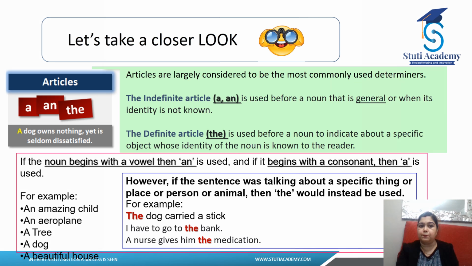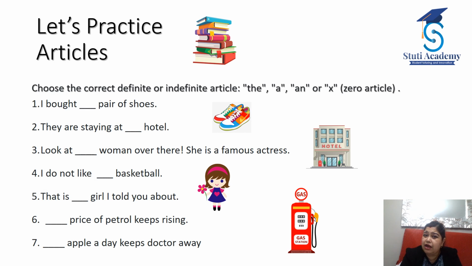Now let's have a quick practice session. These are a few sentences which need definite or indefinite articles. As an exception, there might not be any article required at all. So go through these. Let me read it for you. I bought dash pair of shoes. They are staying at dash hotel. Look at dash woman over there.